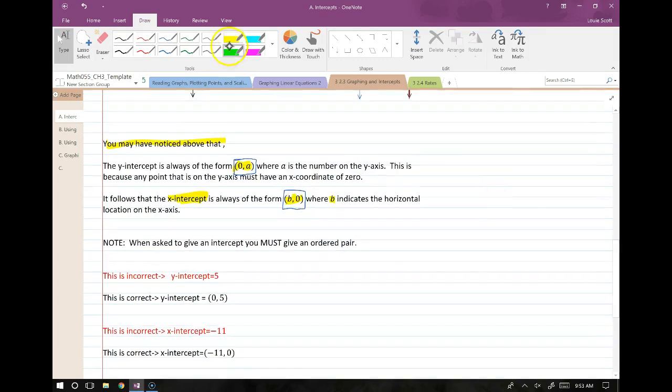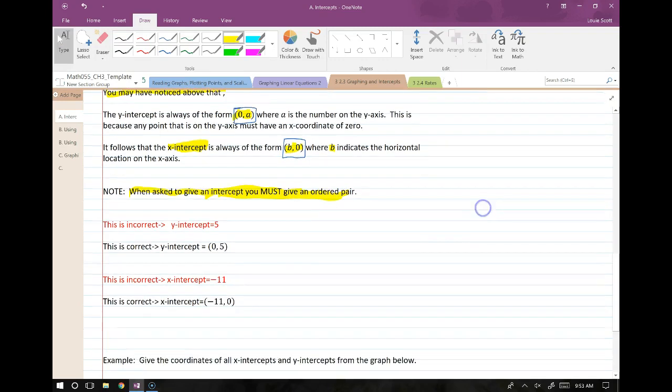Something really important to note here. It happens so often, it's crazy, and I used to do this myself, so I know why we have that urge to just say the y-intercept is equal to a single number, but we can't do that because the y-intercept is actually a point on the plane, right? If you say y-intercept equals 5, like I've done in this example I've highlighted in red, that doesn't make any sense. Right? You have to give a point in the plane.